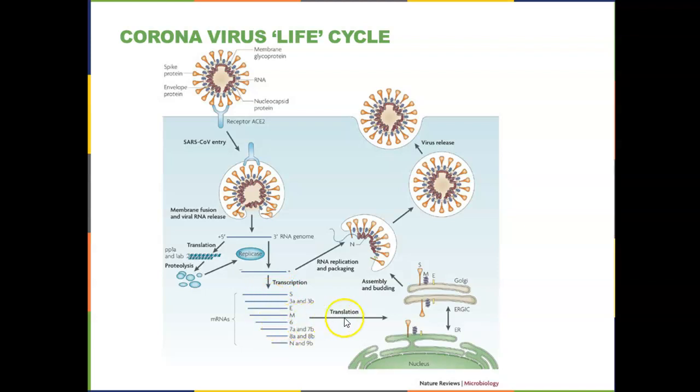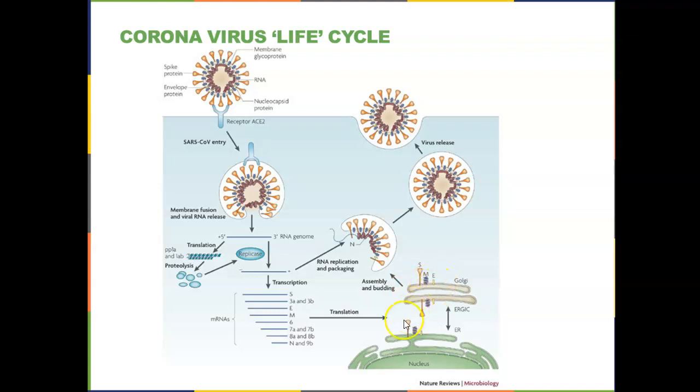And then all those messenger RNAs are going to be translated using the endoplasmic reticulum, ribosomes attached to the ER, rough ER, and then subsequent modifications of those proteins in the Golgi apparatus system.